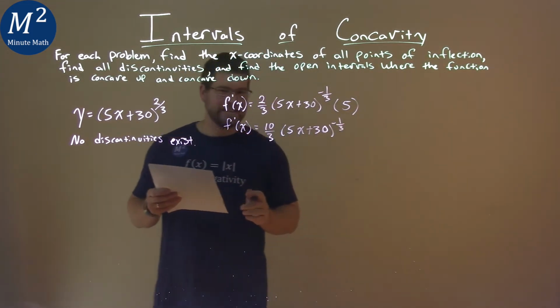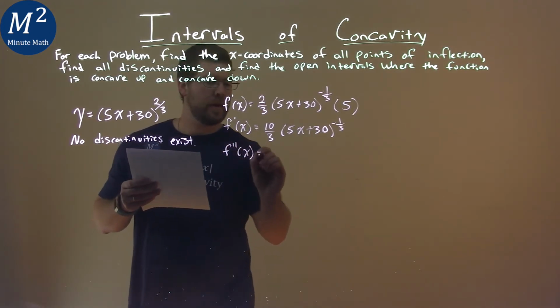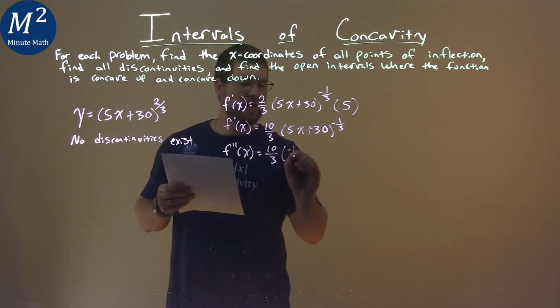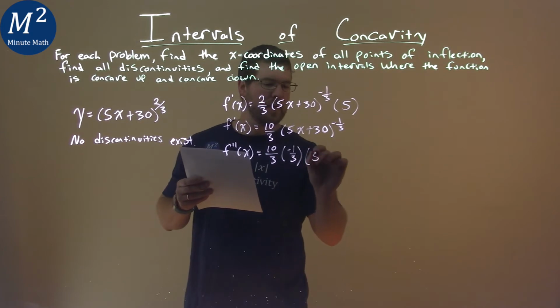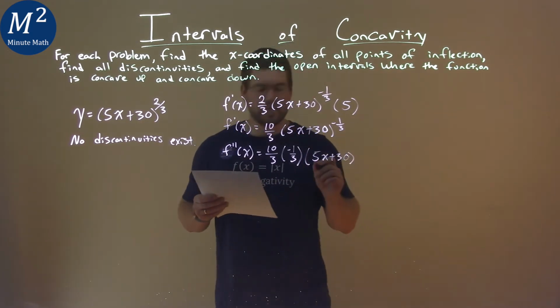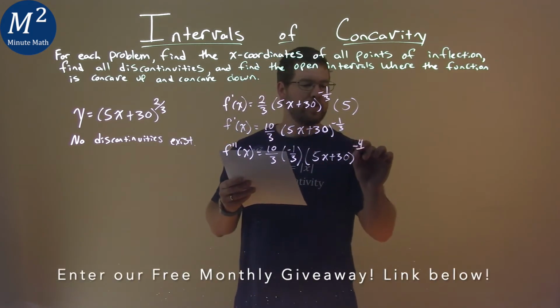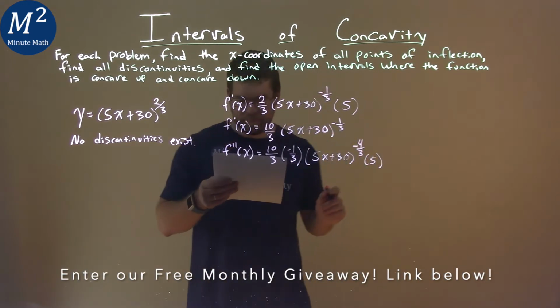Now let's go find the second derivative. So we find f double prime of x, again 10/3 out front, but we're multiplying that by a negative 1/3 that comes down. Power rule here, keep the inside the same, 5x plus 30. Subtract the exponent by 1, and we have a negative 4/3, times the derivative of the inside, which is just 5.